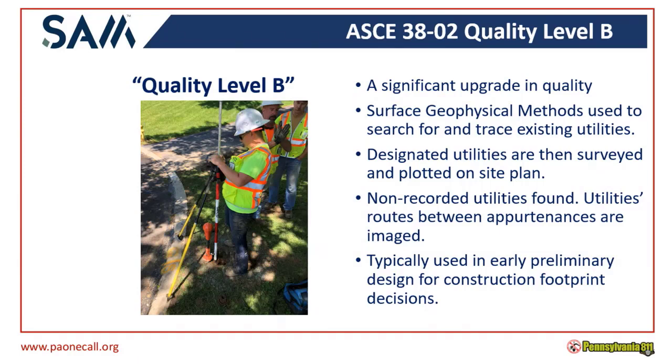Or, hey, we ran into that same boulder, so we took the water line underneath or around it. And there are slight jogs in it that might not match the record of what the utility owner requested for it to be put in. So with that being said, quality level B is a major step up for you to accurately map those utilities to see whether or not you're going to have issues like that.